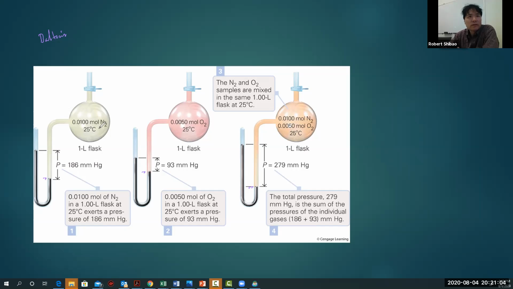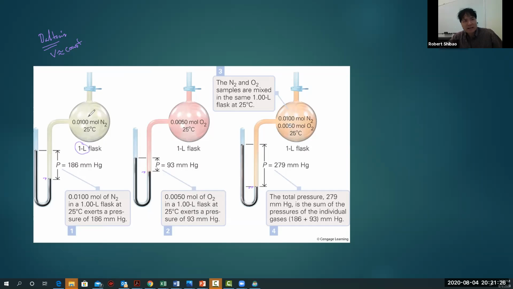And so the volume of the nitrogen is not the exact same as the volume of the O2, which is not the exact same as the volume of the mixture. In Dalton's, the volume has to be fixed. And so here, the volume is about constant, to say. That's why they're going to call it 1 liter.